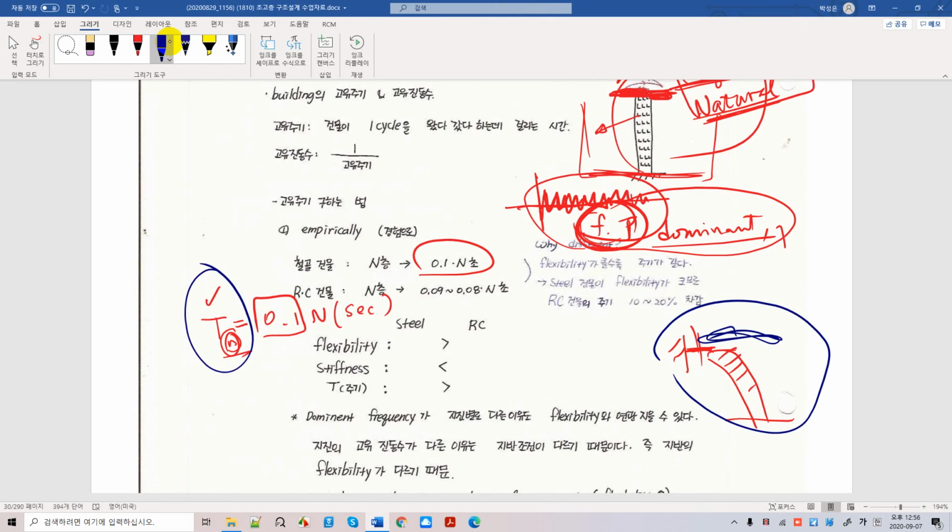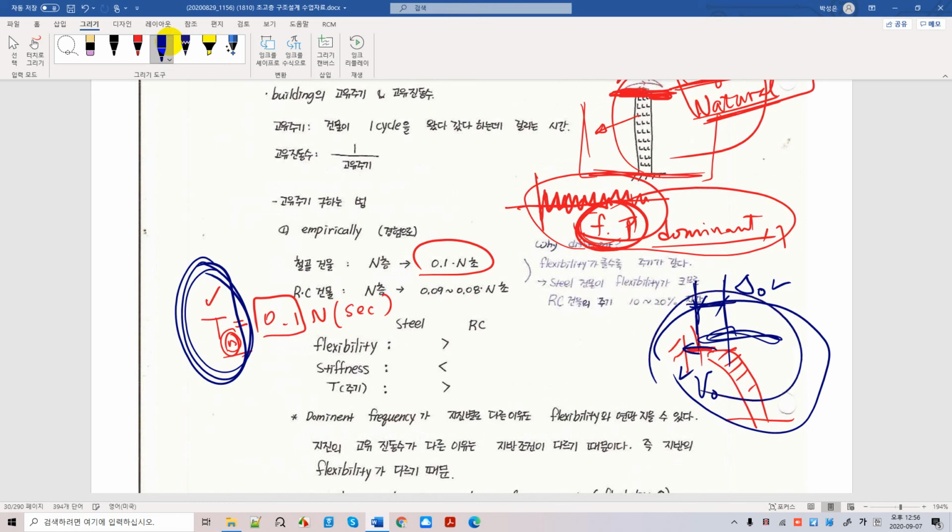You don't need any applied load, but you need initial displacements and initial velocity. You don't have to know this right now. This is what you're going to learn in graduate school. But anyway, you understand that when you measure natural period and natural vibrations, you don't apply external loading. You just pull it and cut it.